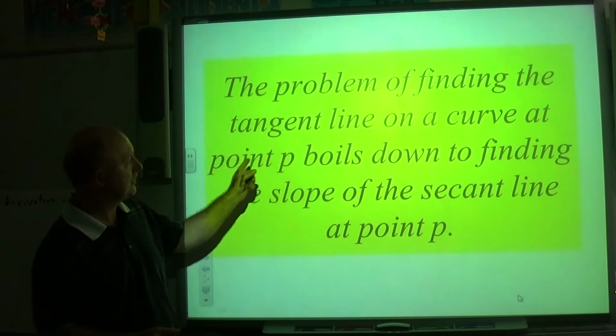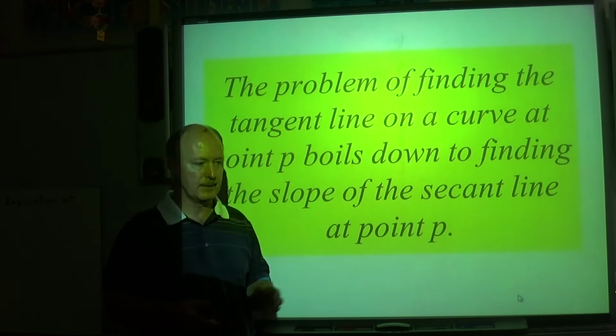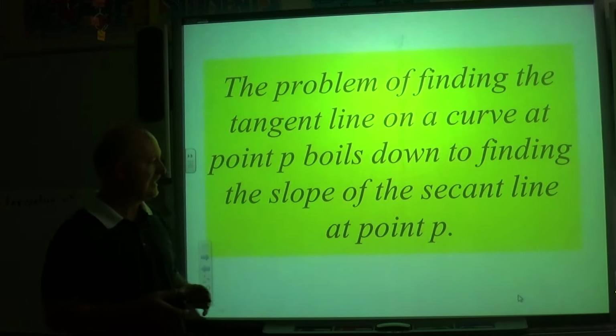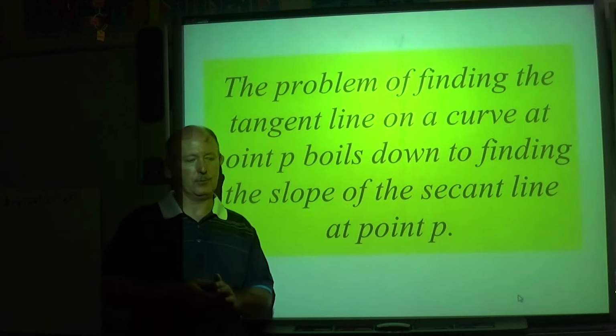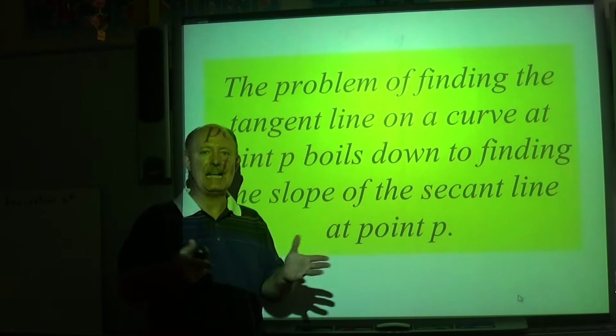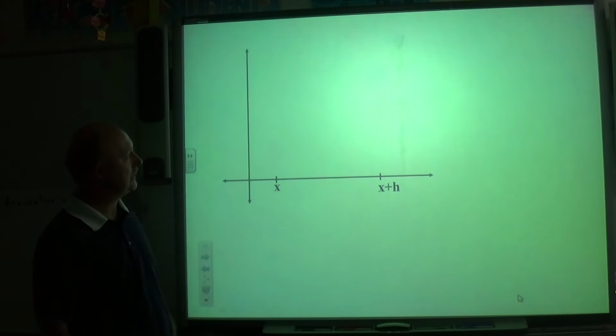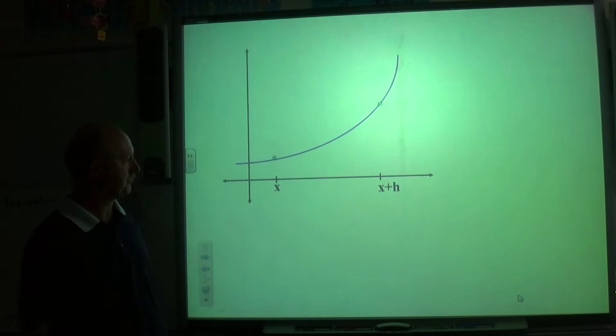Now, the problem of finding the tangent line on a curve at point P boils down to finding the slope of the secant line at point P. I'll show you how this works with calculus. Imagine a curve in the Cartesian plane, something like this.